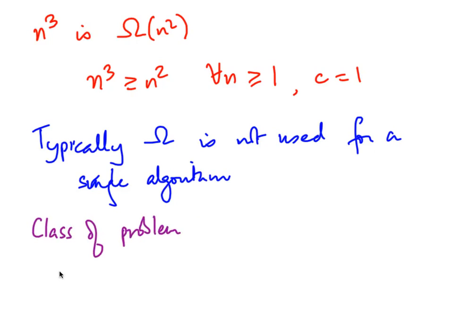So for example, we will say that sorting is omega of n log n. So what this means is that we cannot do better than an algorithm which works in n log n time, where of course the fundamental assumption is that we are doing it in terms of comparisons. Of course, if you use different operations, this doesn't work. So you have to specify what type of operations you're measuring. But we say that sorting as a problem is omega of n log n.